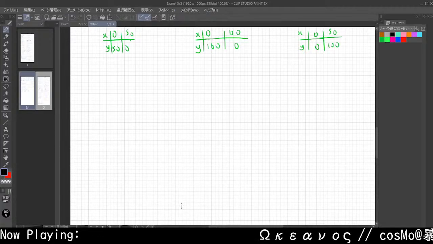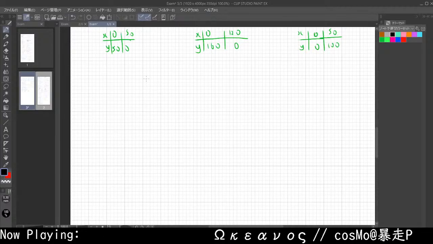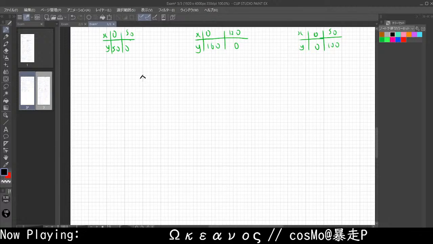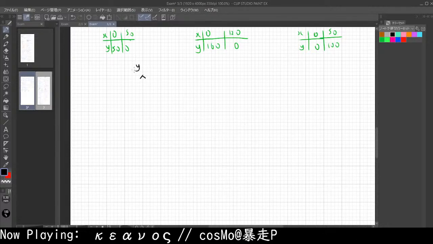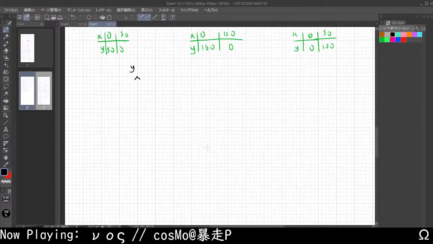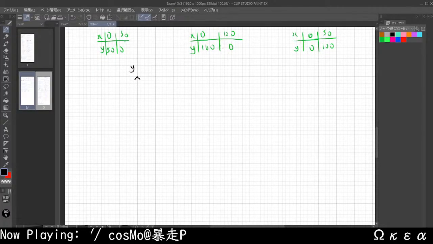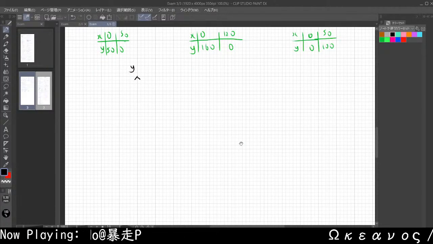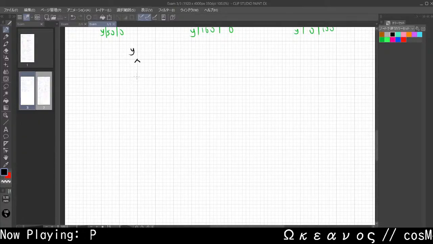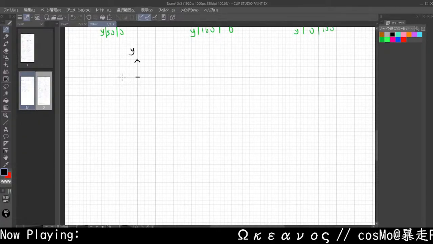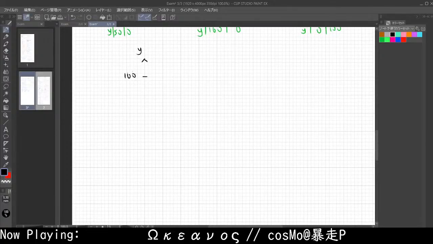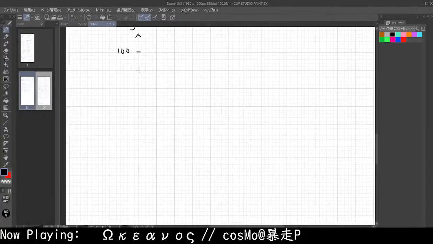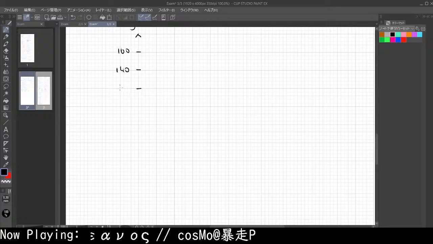Okay, so let's speed this up. I don't have much time left. Your y is over here. We need at least 160 for our y, so let's put 160 over here. So 140, 120.